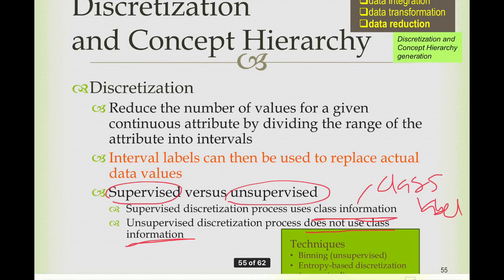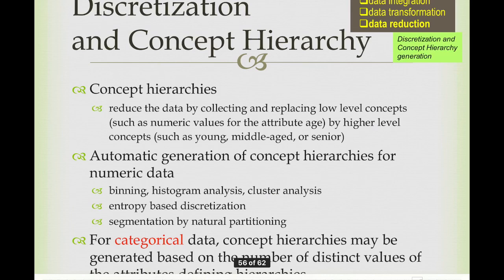So discretization is used in binning, using the unsupervised method, and also entropy discretization. So the concept of hierarchies is to reduce the data by collecting and replacing low-level concepts, such as the numeric value of an attribute, by higher level concepts. So for example, young, middle age, and senior, you have the hierarchy concept there.